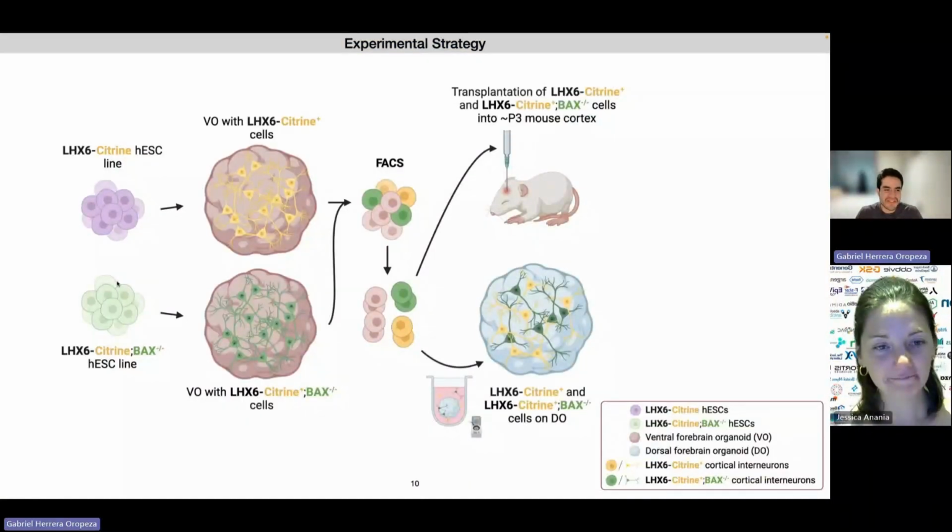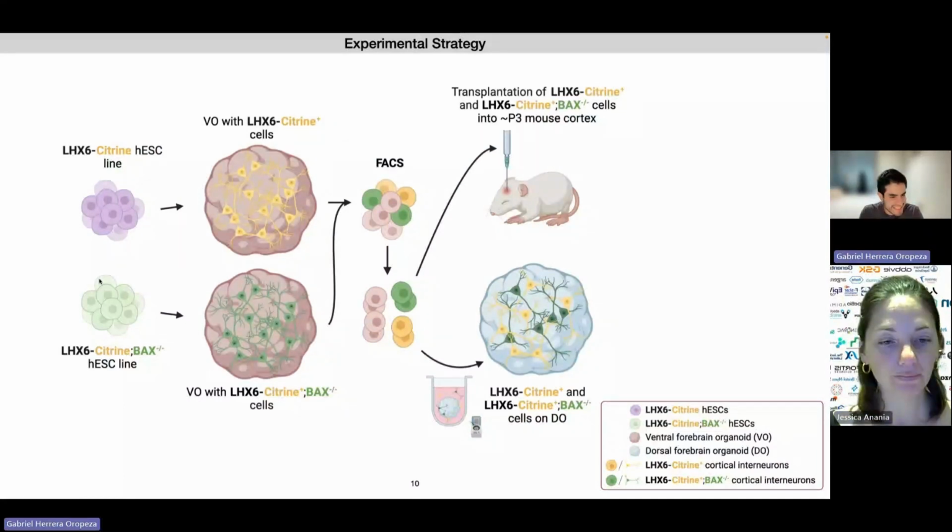I'm going to have two different cell lines. One of them has a reporter that tells me when a cell becomes an interneuron. And then the other one also reports when a cell becomes an interneuron, but also has a deletion of the Bax gene, which is essential for apoptosis.